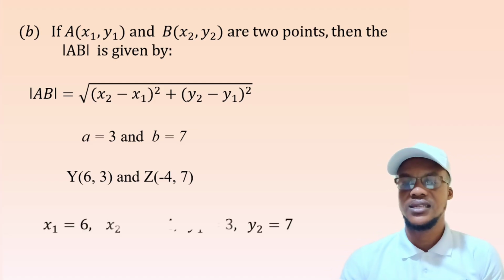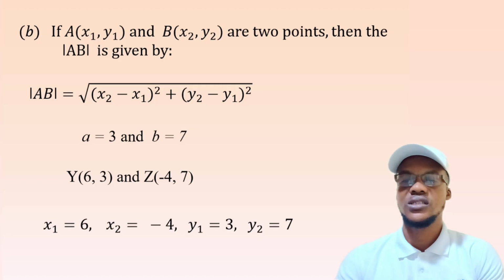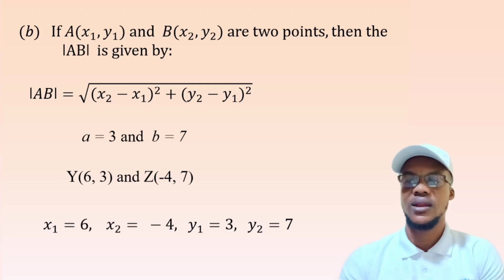So x1 is equal to 6, x2 is equal to negative 4, y1 is 3, y2 is 7. Then we can substitute these values into the formula.